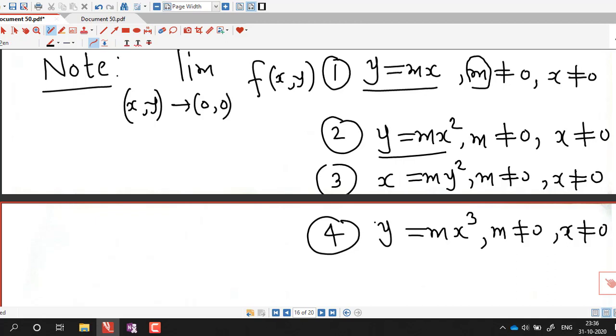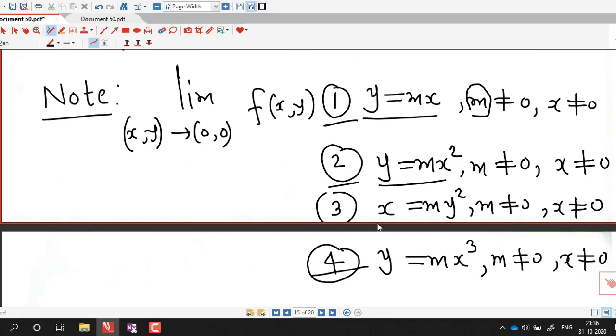If we are getting the same limit along all the different paths 1, 2, 3 and 4, then we may have the idea that there are chances that the limit exists, and we will try to prove that the limit exists using the definition. And if the limit depends on m along any of these paths, then the limit does not exist.